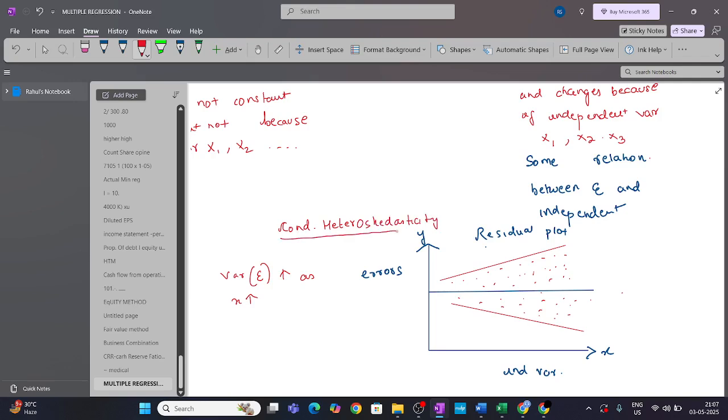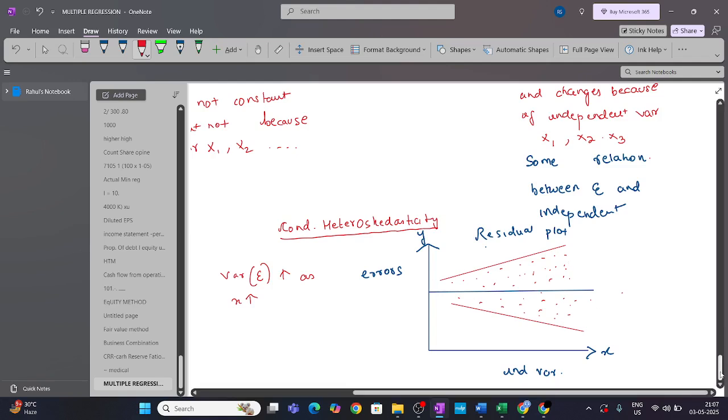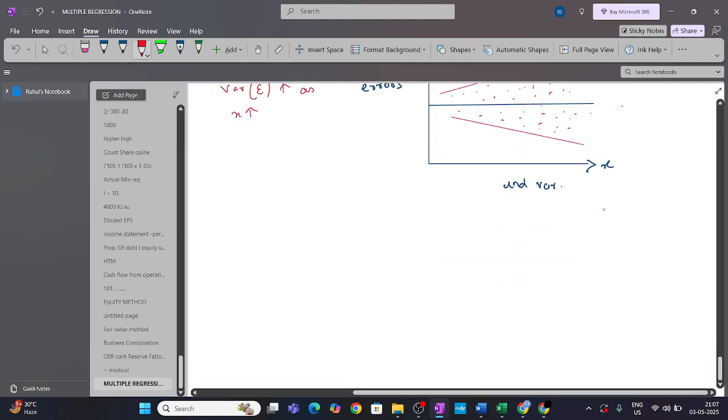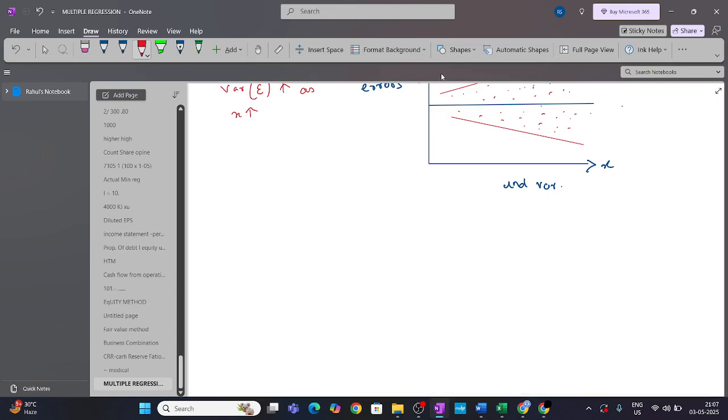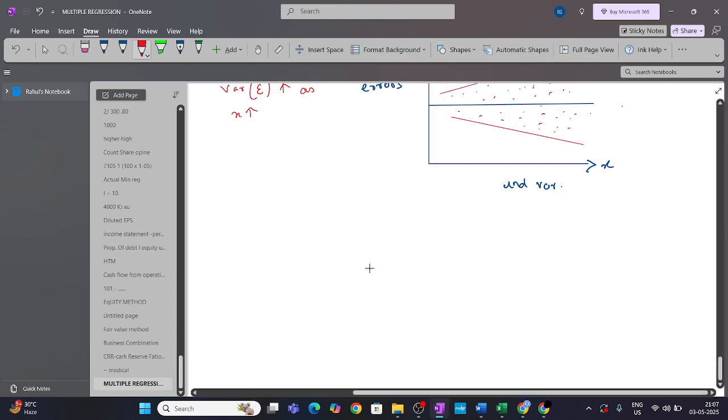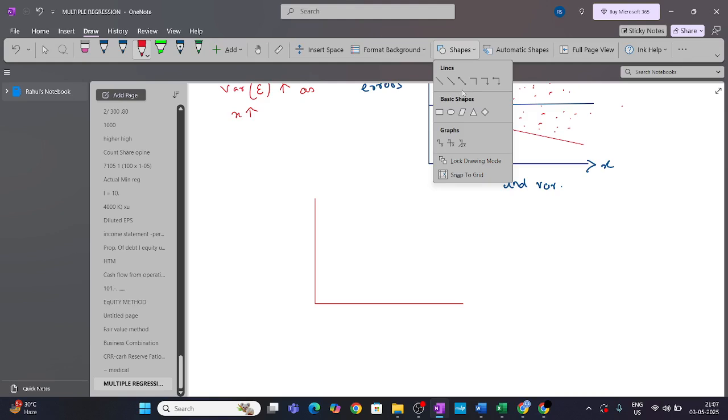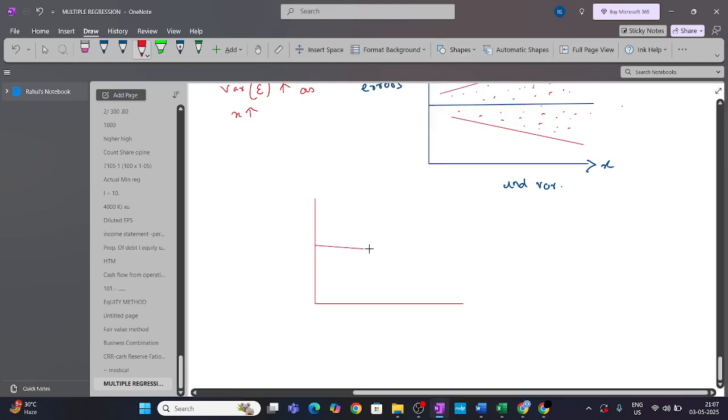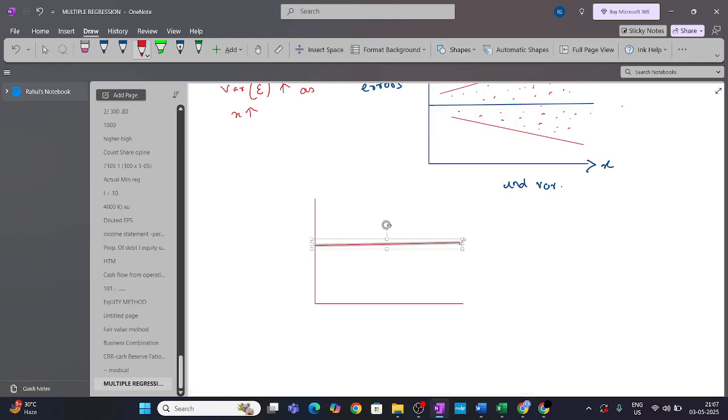right? So there is this funnel like shape that you can see here, or it could be the other way around. Again, this is my residual plot.